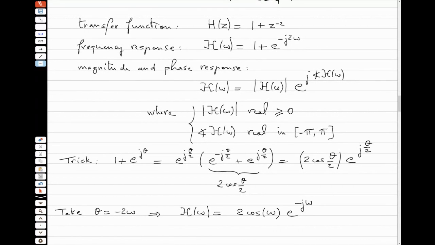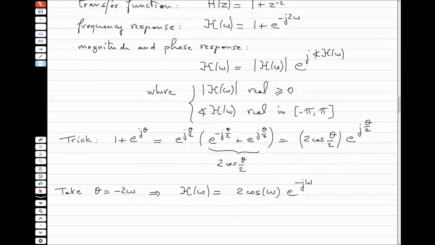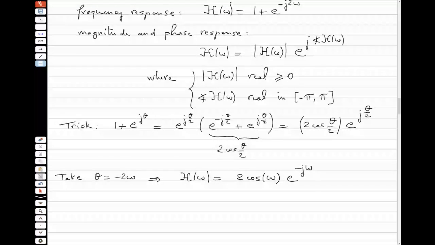Do you think it's right? No. No, it's not right. Why? Because we don't know if this is positive. What if this is negative? All right, so we can discuss.